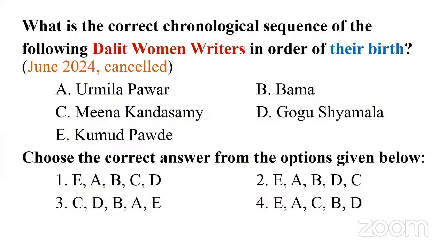So Dalit literature, let me ask a question. What is the correct chronological sequence of the following Dalit women writers in order of their birth? We have a chronology based question, but if you notice, it's based on Indian writers, especially Dalit writers. This question came in June 2024, which was cancelled actually.